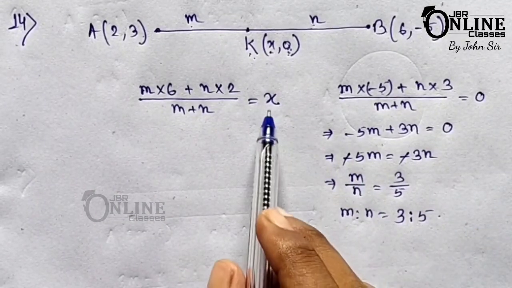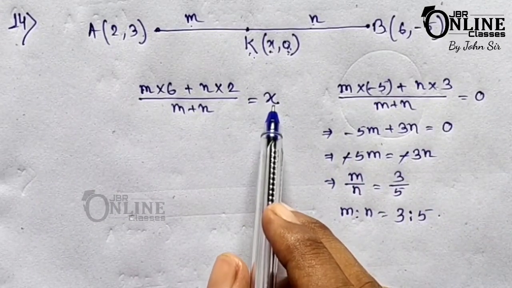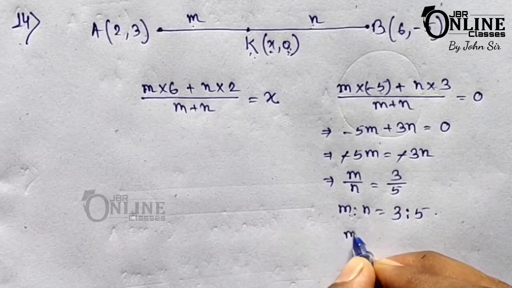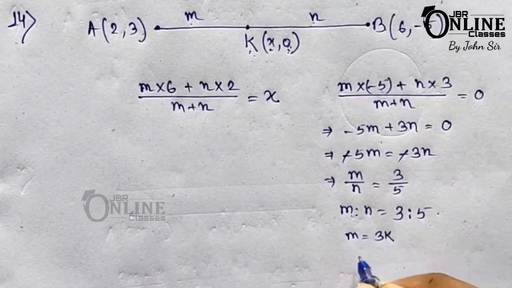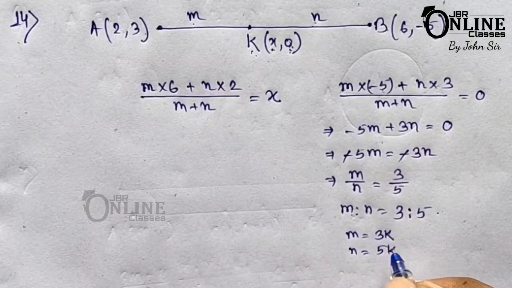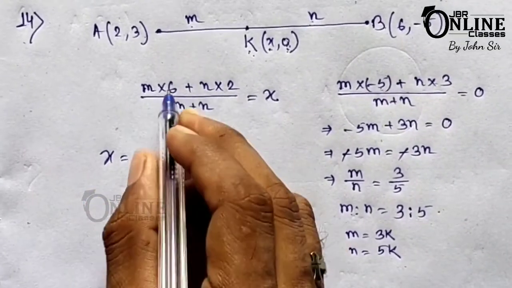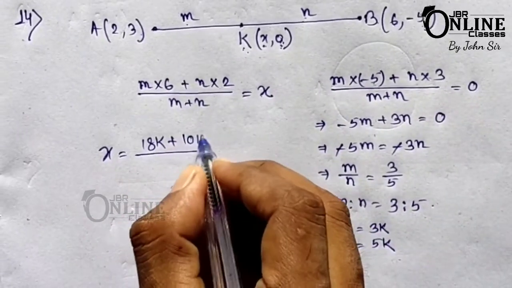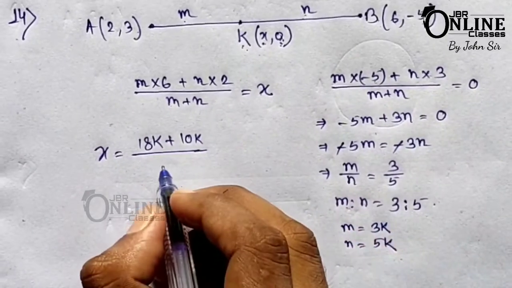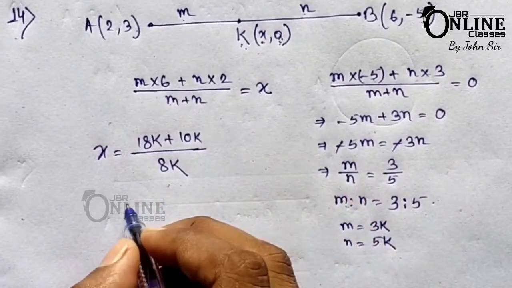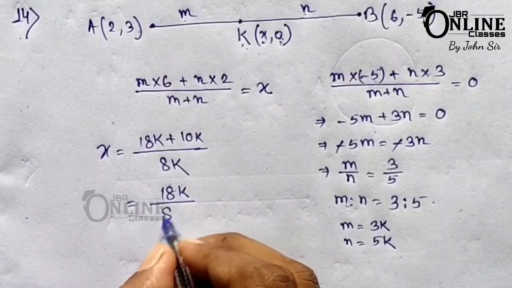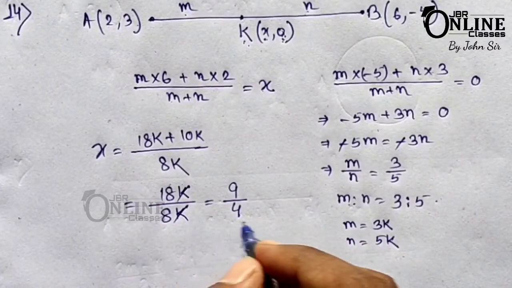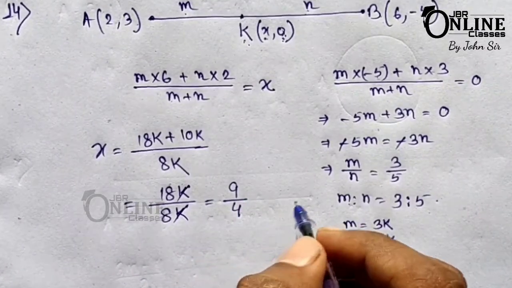Now we have to find the coordinate of x also. As m is to n equals 3:5, we can consider m equal to 3k and n equal to 5k, where k is a constant. So x equals 6 into 3k, that means 18k, plus 2 into 5k, that means 10k, which is 28k, divided by m plus n, that means 3k plus 5k, which equals 8k.